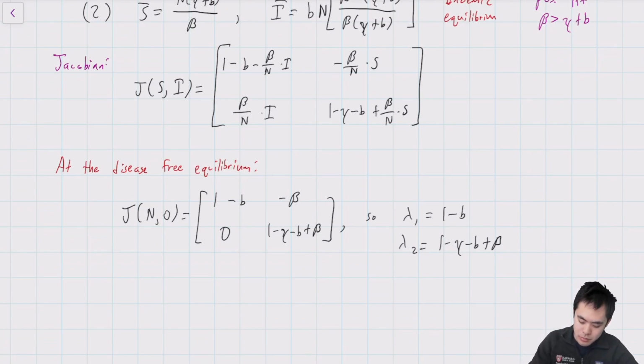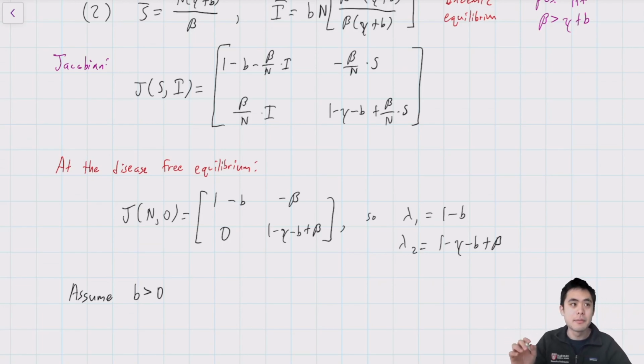And so we assume that b is greater than 0, so there is some birth and death rate. So that means that our first eigenvalue is between 0 and 1. I should make that clear, b is greater than 0 and less than 1. You can't have a greater than 1 probability of dying and being reborn. Because of that, our lambda 1 has modulus less than 1, and therefore all we need for it to be locally asymptotically stable is if lambda 2 also has modulus less than 1.